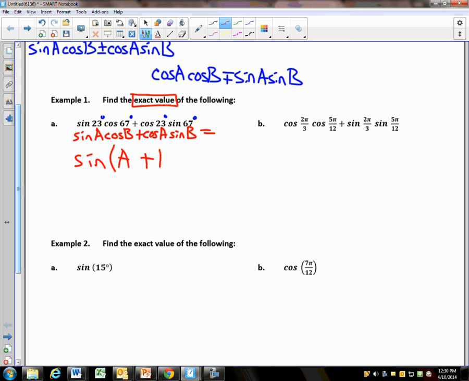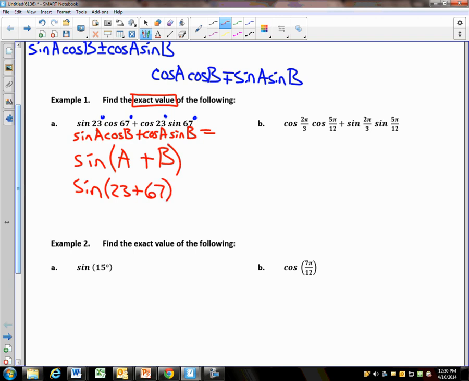A plus B. So all I need to do to simplify this is to figure out what A is and what B is. What is A in that problem? It's 23. What is B?